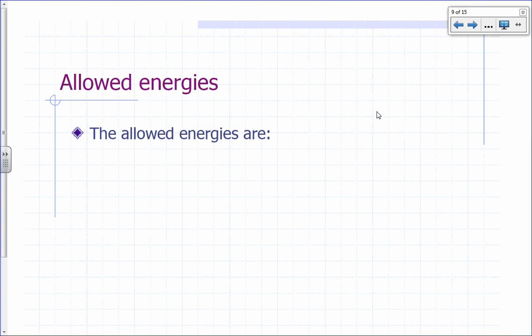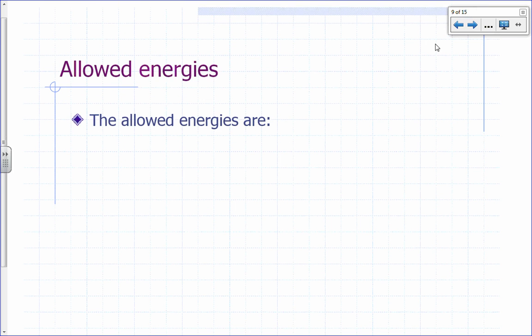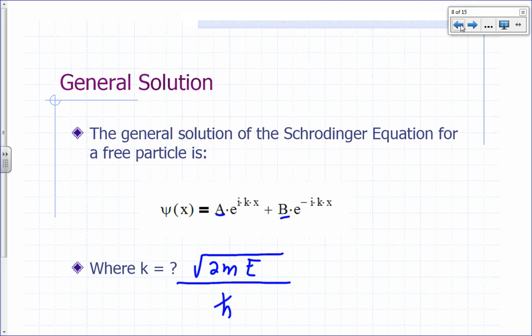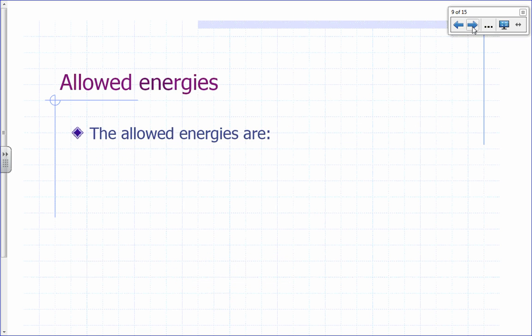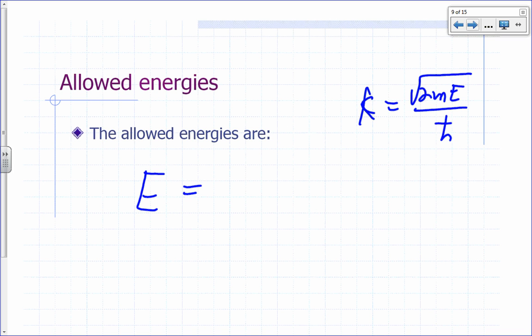All right. What are the allowed energies? How is the energy related to k and h bar? How do I solve for E? k is square root of 2mE over h bar. So if I want to solve for energy, what do I have? k and h bar, and then you square it, right?